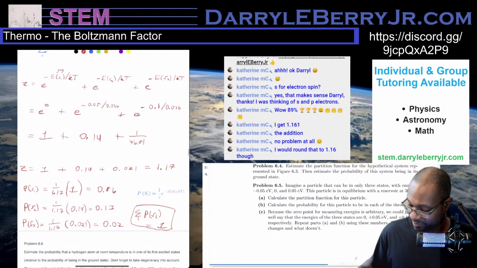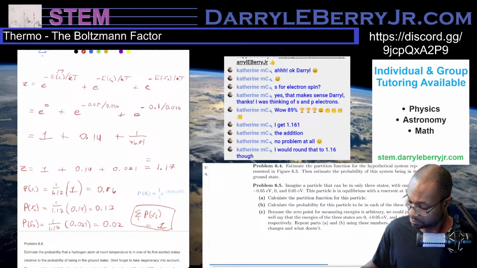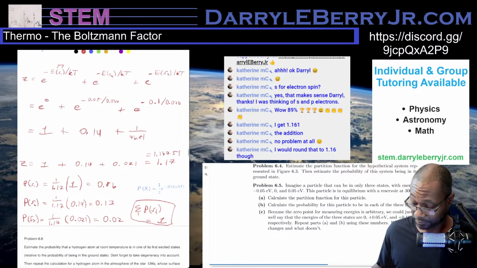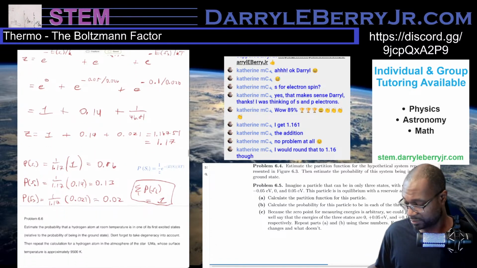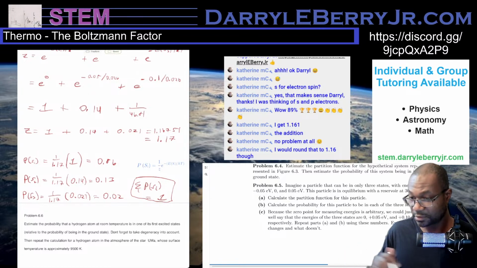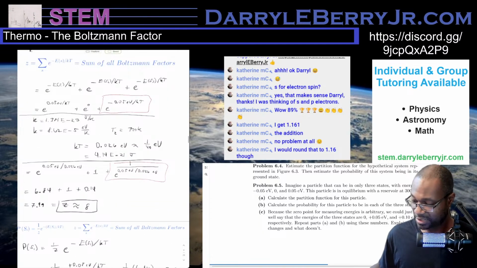On my calculator, it gave me 1.16751 for that right there. But give or take on that, it shouldn't make a big difference. So awesome, it looks like it works out. So we see the partition function. We see how it works with the probabilities, and hopefully that's a bit of a help.